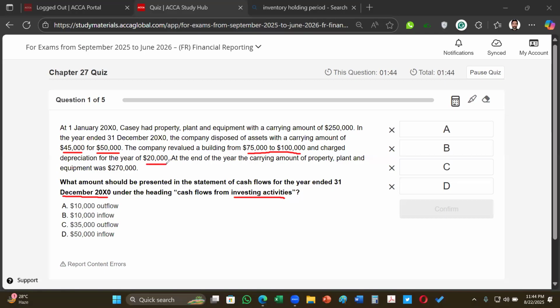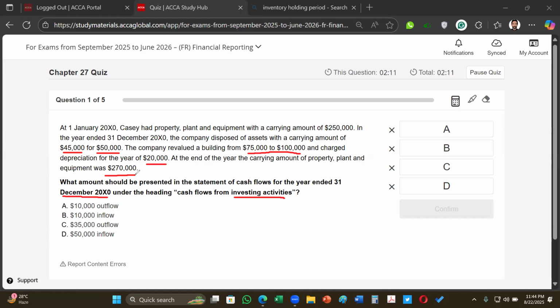At the end of the year, the carrying amount of the property, plant, and equipment was 270. This is one of the questions here. Let's see how we can attack this one, and we have to find out what should be presented in the cash flow for the year ended 31st of December 2020.